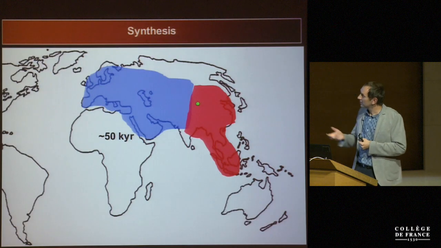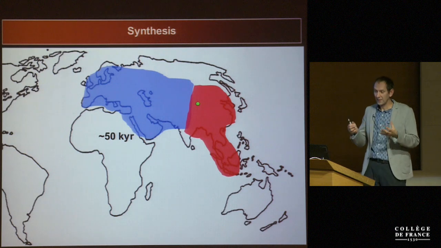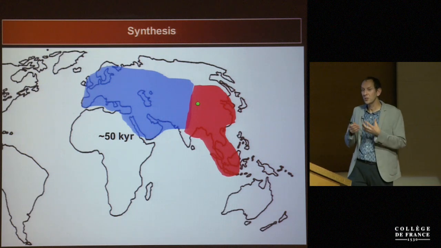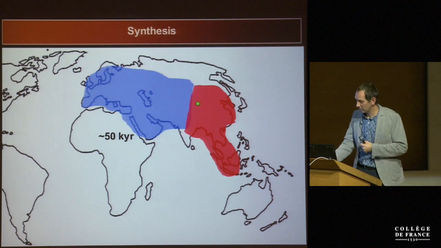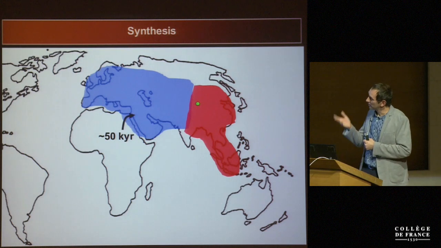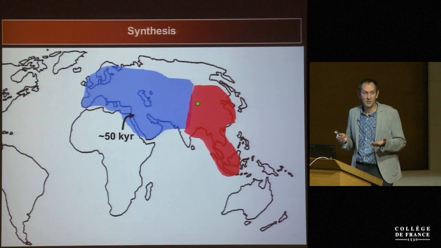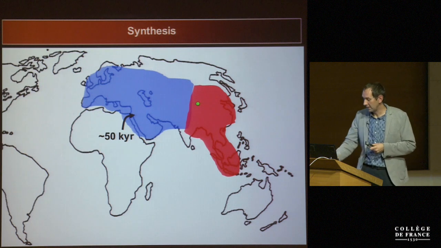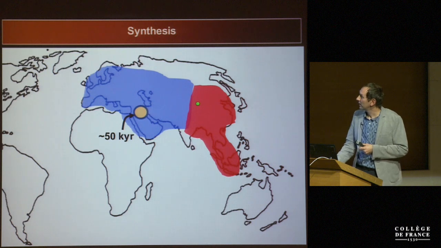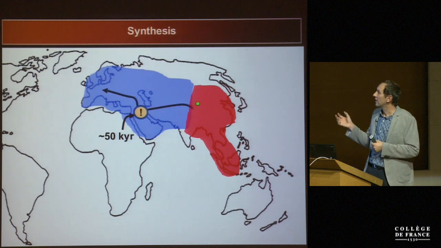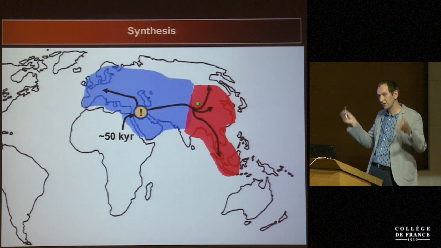Now, the synthesis of these 2 things, the Neanderthal and the Denisovan genome sequencing effort, our current idea is as follows. We have modern humans leaving Africa, maybe about 50,000 years ago, perhaps even earlier, then interbreeding with Neanderthals in the Middle East, then taking this Neanderthal component with them when they colonize Eurasia.